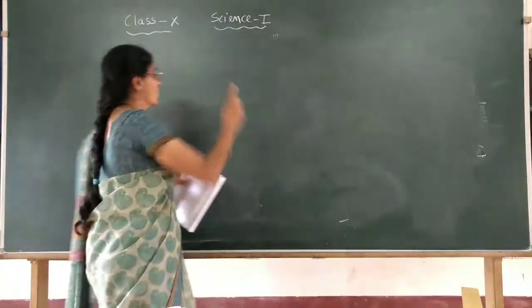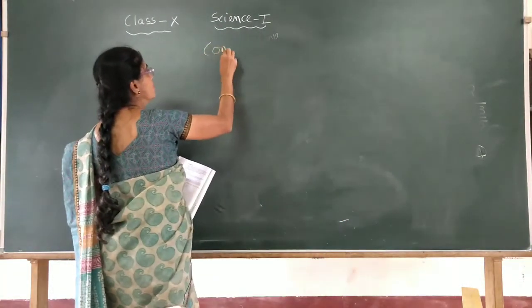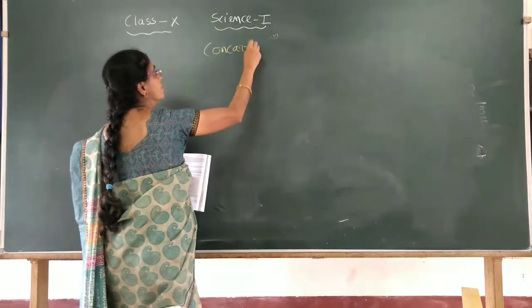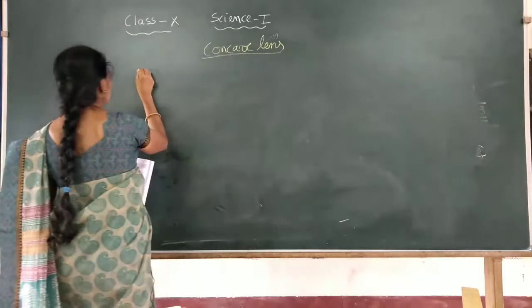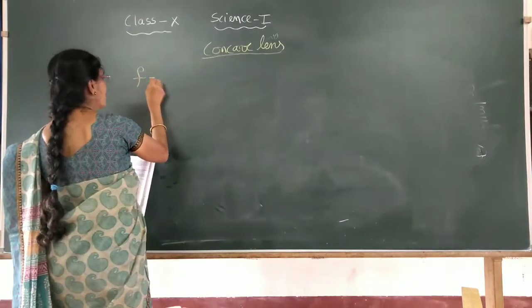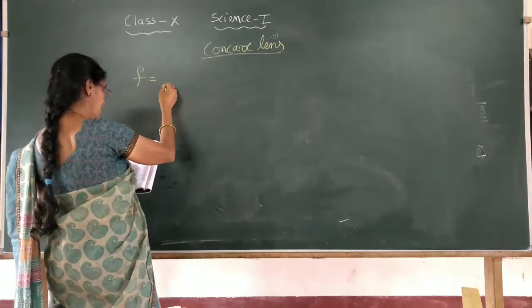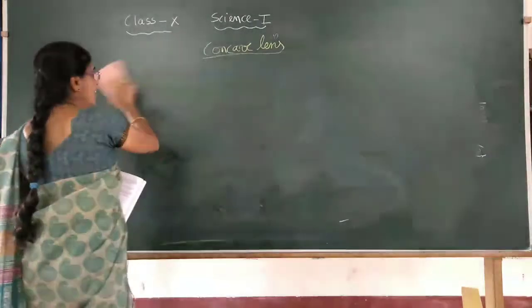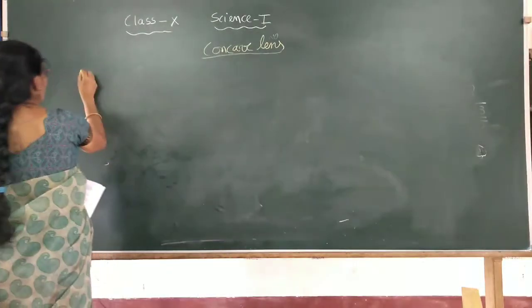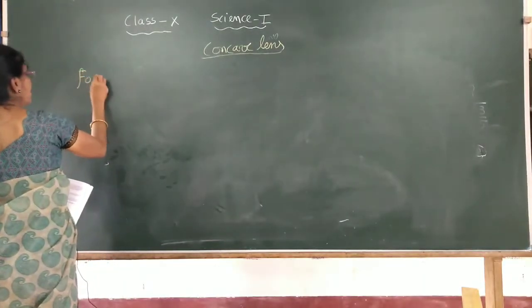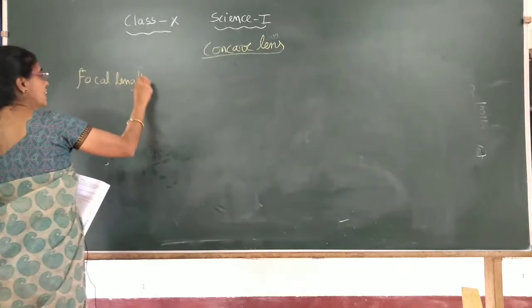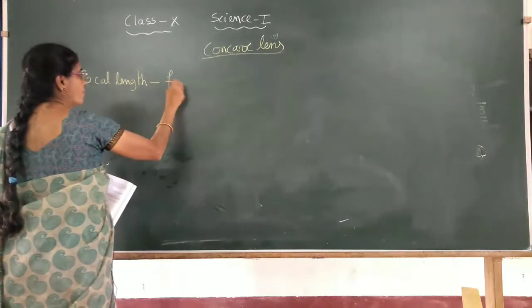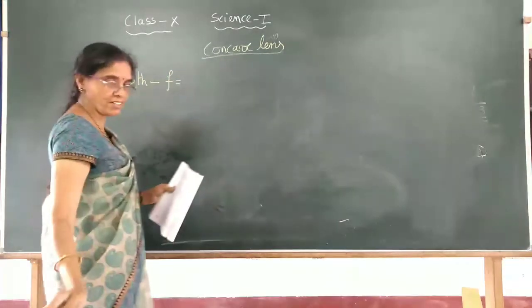The lens is a concave lens, and the focal length is given. Whichever values are given, I will go on writing. Focal length is given; the symbol is f.